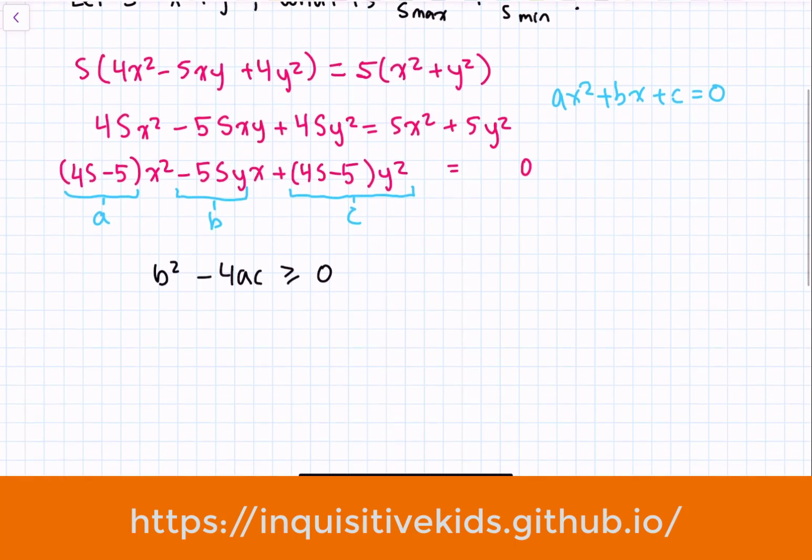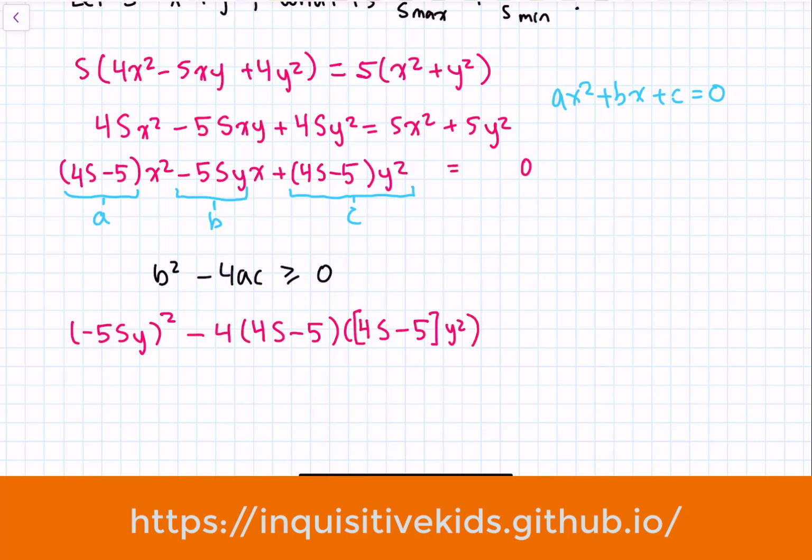So in this case, what is b squared? b squared is negative 5sy squared, minus 4 times 4s minus 5 times c, which is, this is a big one, 4s minus 5 y squared, is greater or equal to 0.